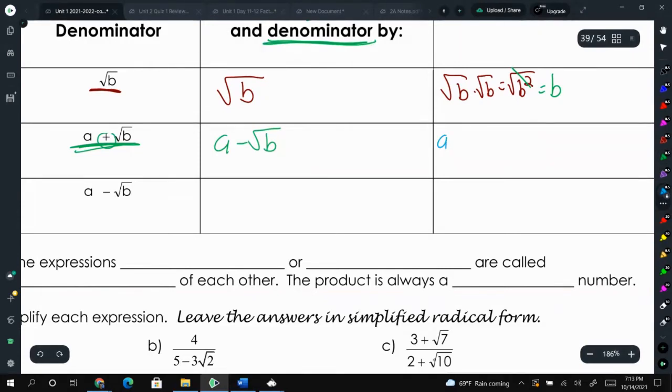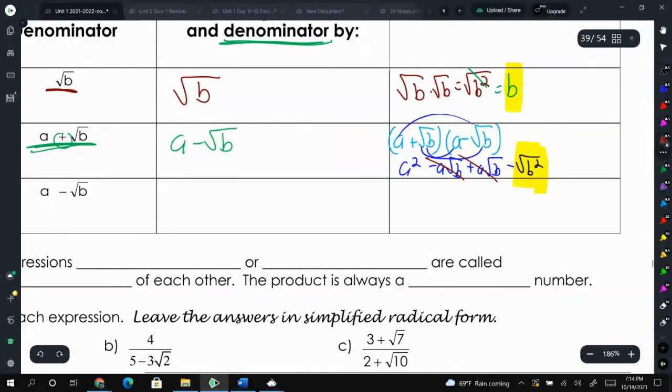So look what happens if we do this. This is what we were starting with, and we multiply that by a minus the square root of b. When we FOIL this, we get a squared, we get negative a times the square root of b, we get positive a times the square root of b, and then we get negative square root of b squared, which we know is just b.